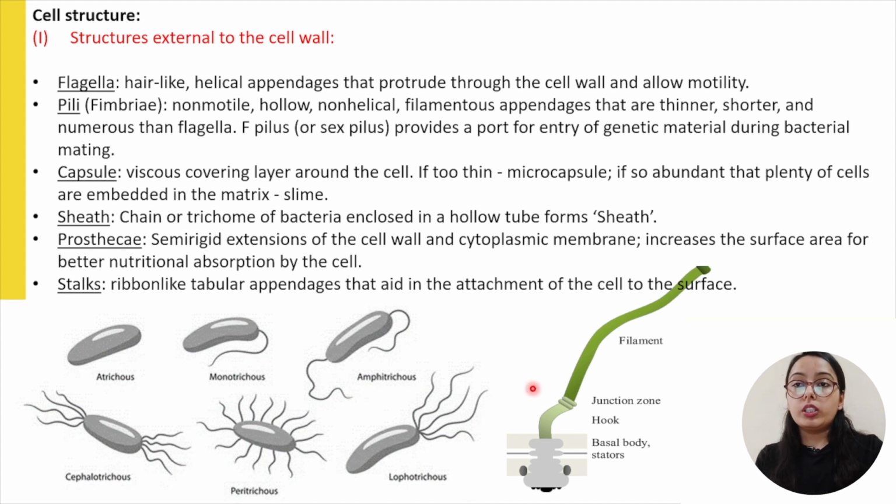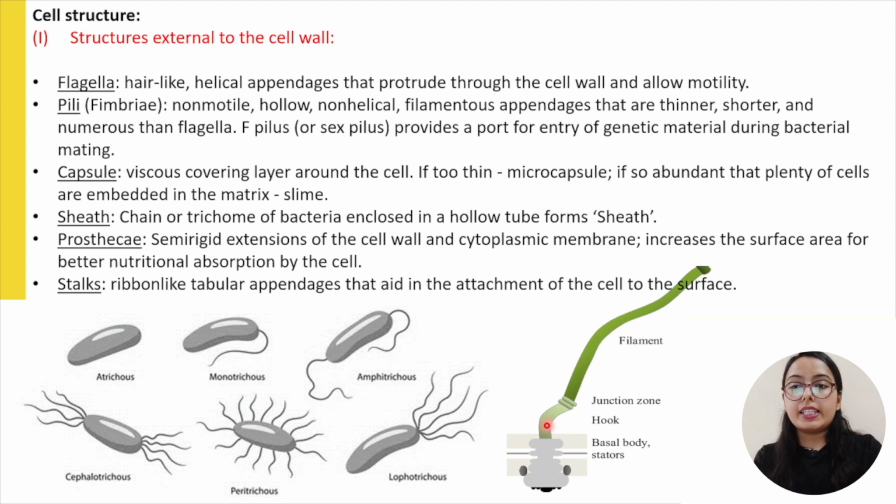Now talking about the parts of flagella, as we can see in this image, the parts of flagella can be divided into three types. The first part is this long tail, which is responsible for the motion of the bacterium, and this long tail is called the filament.